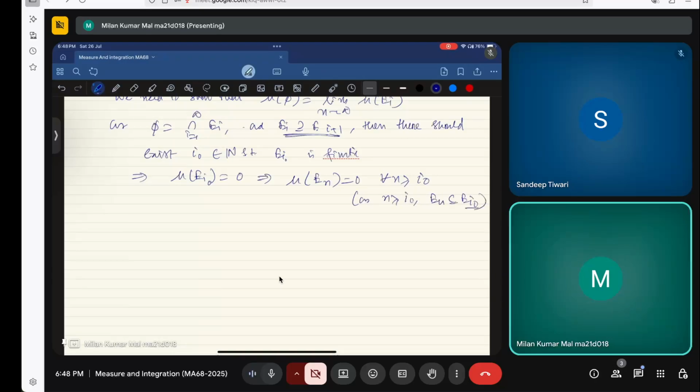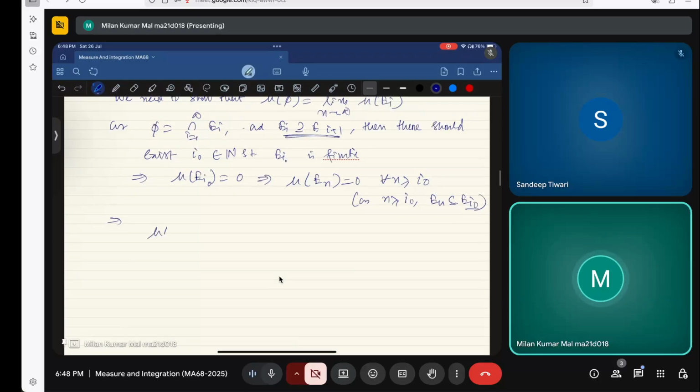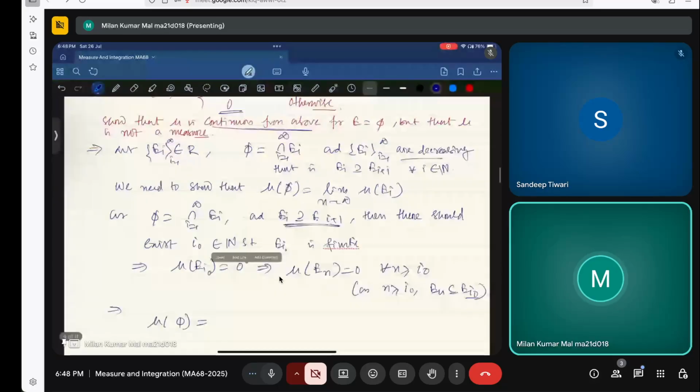Therefore mu of phi, which is in general 0, is exactly equal to the limit as n tends to infinity of mu of en, because mu of en is equal to 0. I can write it here, it is as well 0, because mu of phi is 0 by definition.